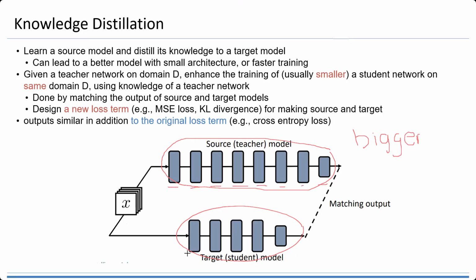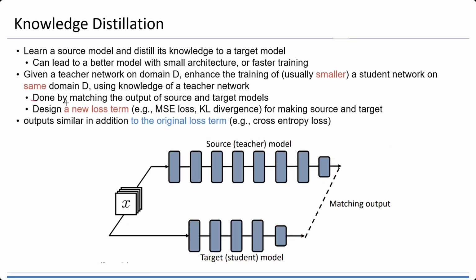But the student model has 1, 2, 3, 4, 5, so there are 5 layers. Using the 5 layers of the student model, we want to match between the teacher and the student, and we will use this matching for the prediction.